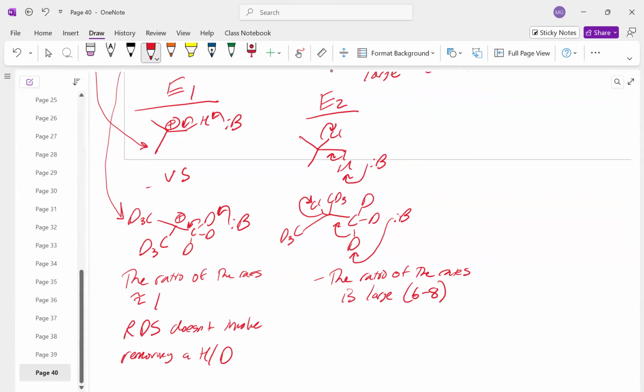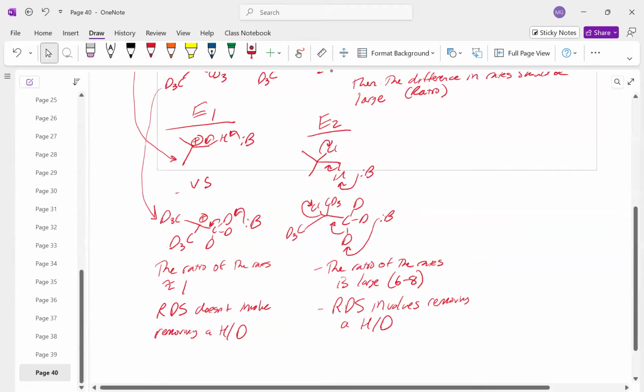So pulling off a hydrogen was like 6 to 8 times faster than pulling off a deuterium. And that means the rate determining step involves removing a hydrogen or a deuterium. Because there was a change in rate based off of pulling off that hydrogen or pulling off that deuterium, that means the rate determining step involved breaking that bond.